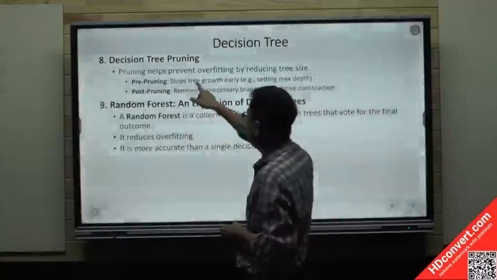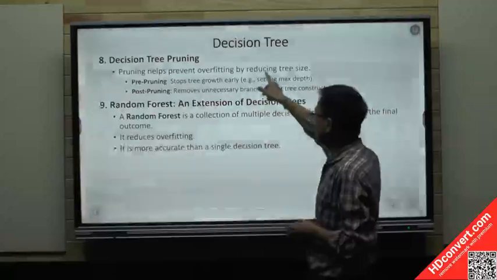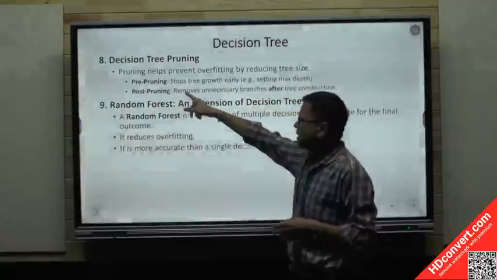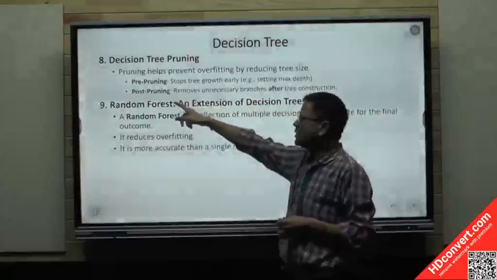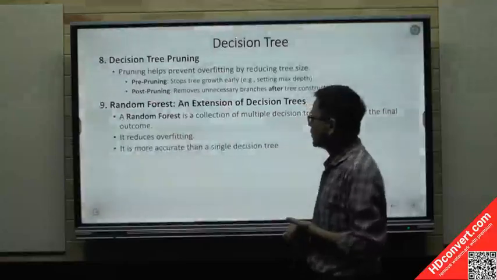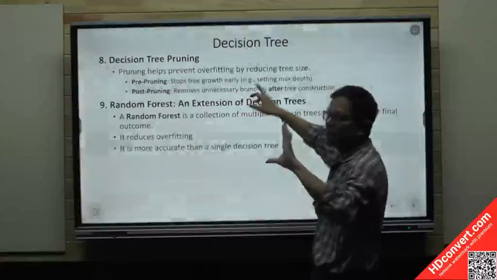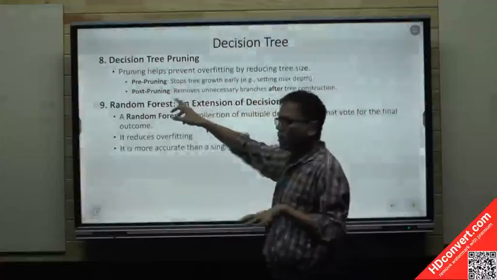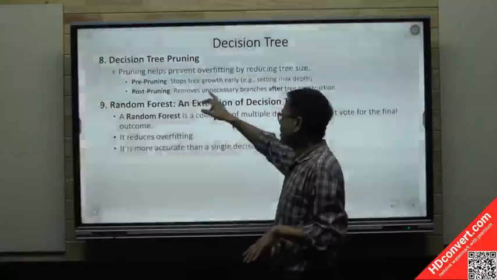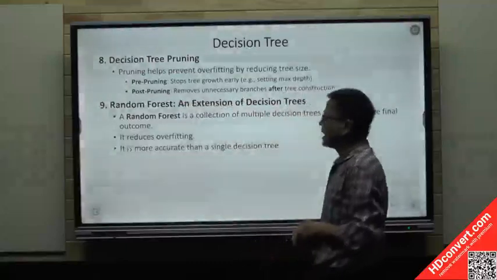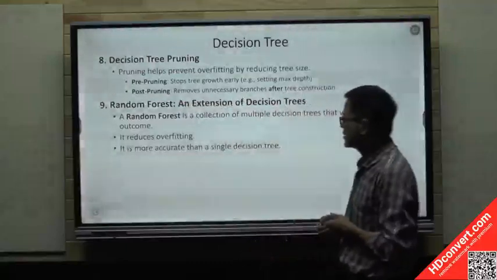So pruning helps prevent overfitting by reducing the tree size. You can do pre-pruning and you can do post-pruning. Pre means stop the tree growth early, where you set the maximum depth. Post means you construct the tree and then remove the unnecessary branches after the tree has been constructed.